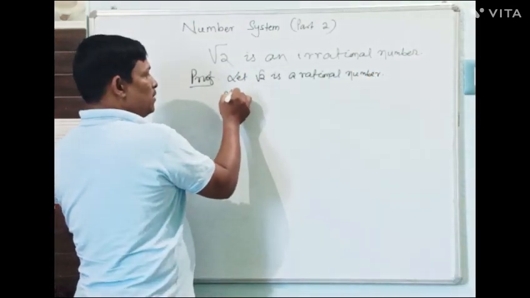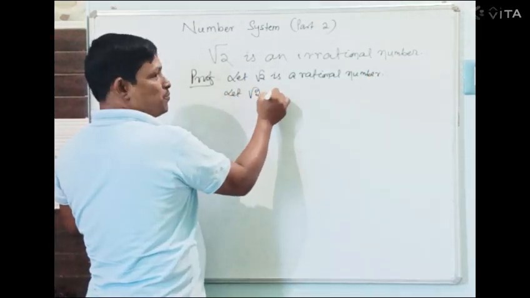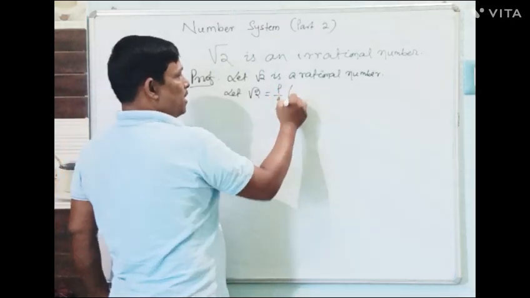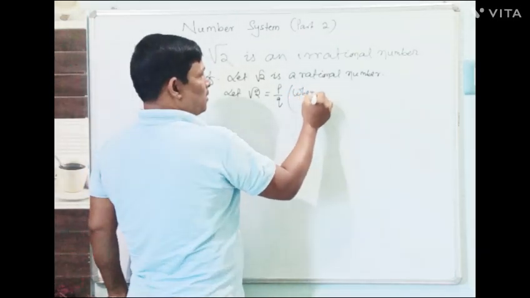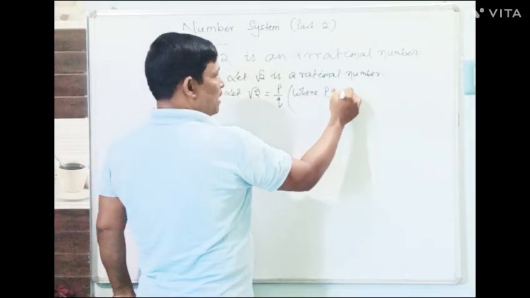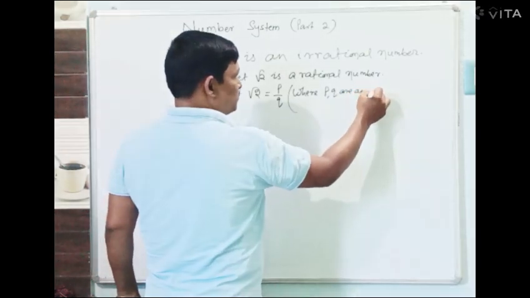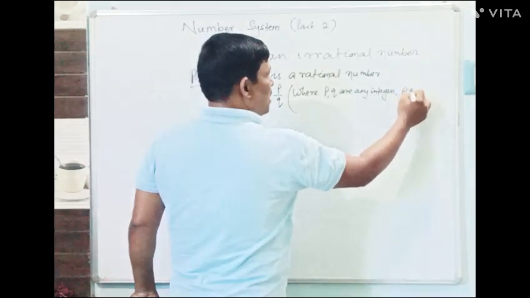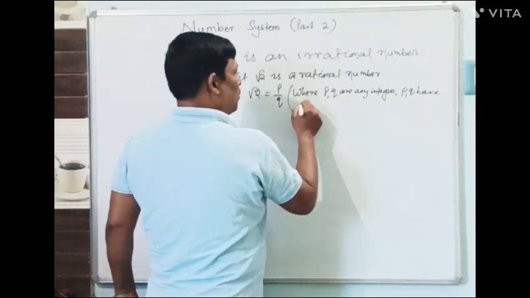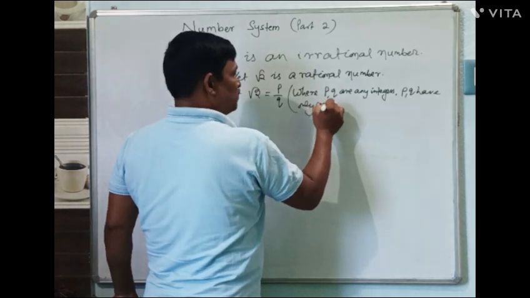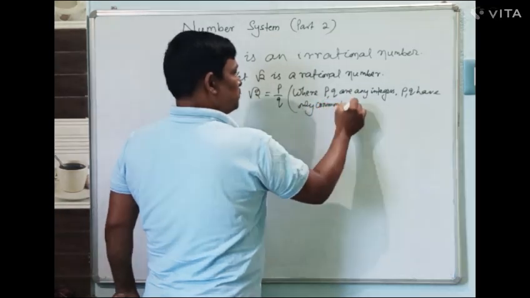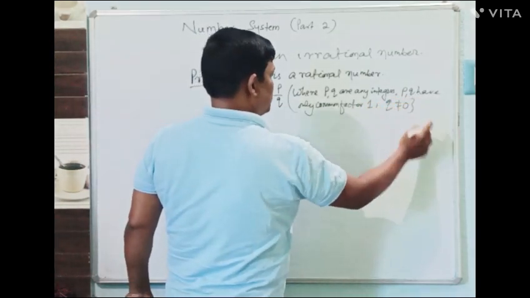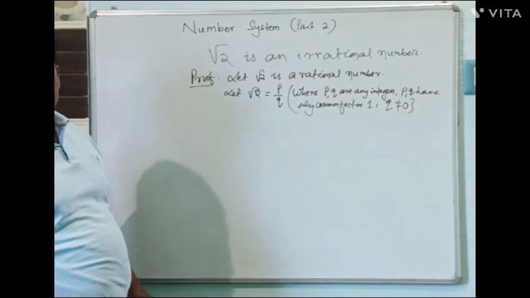Then we can write root 2 as p by q, where p and q are integers, p and q have only common factor 1, and q is not equal to 0. This is the condition.